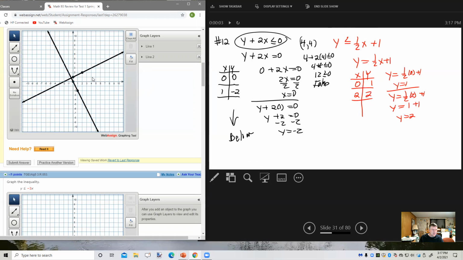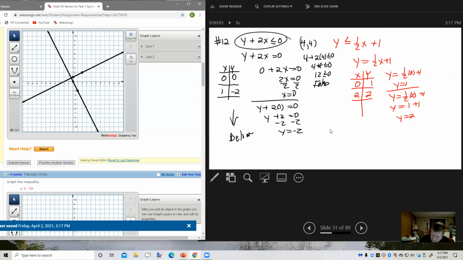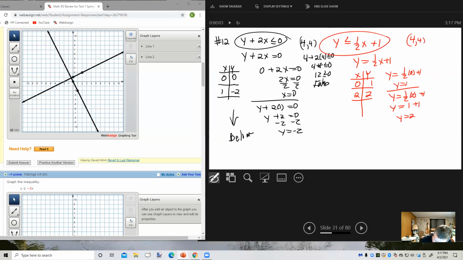And let's see, I can use 4, 4. It's right up there. So we'll use 4, 4 as our test point. In our original inequality, 4 less than or equal to 1/2 times 4 plus 1. 4 less than or equal to 2 plus 1. 4 less than or equal to 3. That's false.